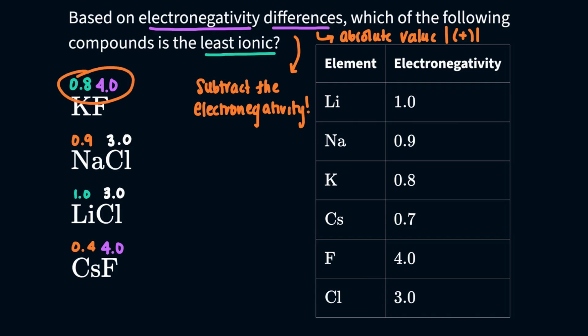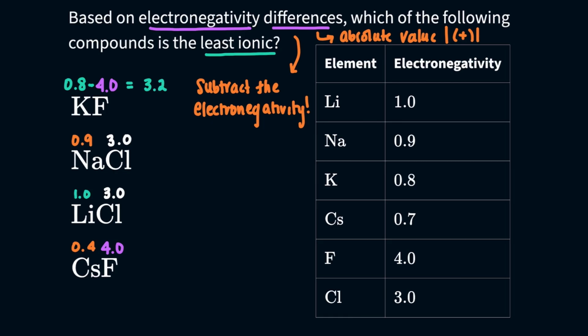So, when we subtract these numbers, the easiest way to do this is to take the bigger number minus the smaller number. Always take the big number first minus the small number. So in my mind, I'm just going to take 4.0 minus 0.8. We got 3.2 left over.